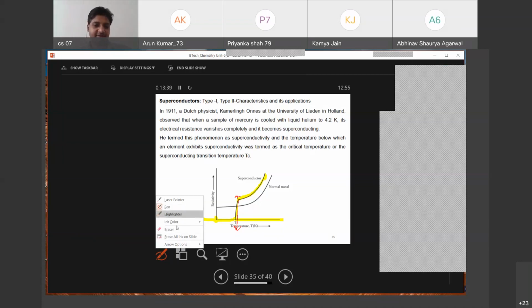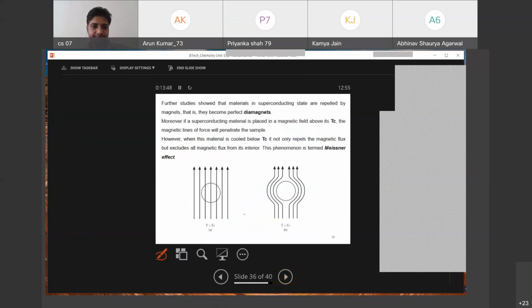Okay, now there are some features of superconductors that we are going to discuss. What we discussed in the last slide means that in the normal situation, the metal behaves like a normal metal.